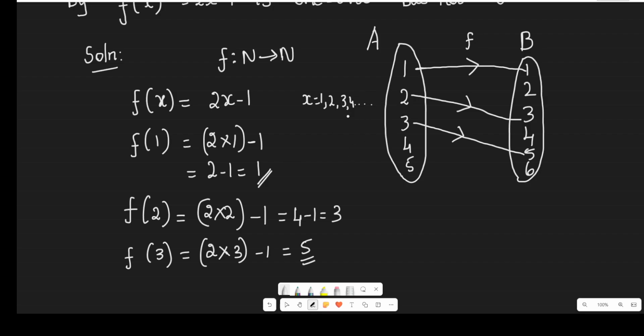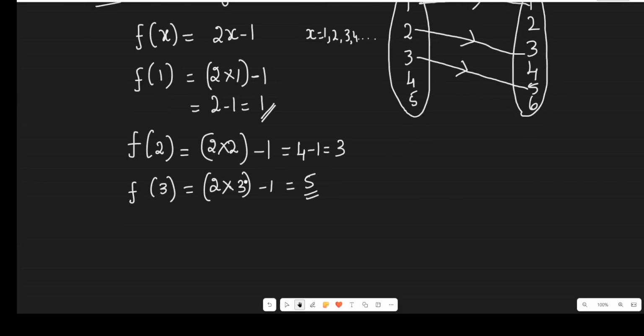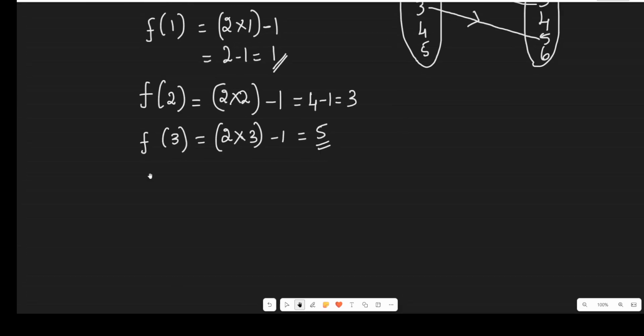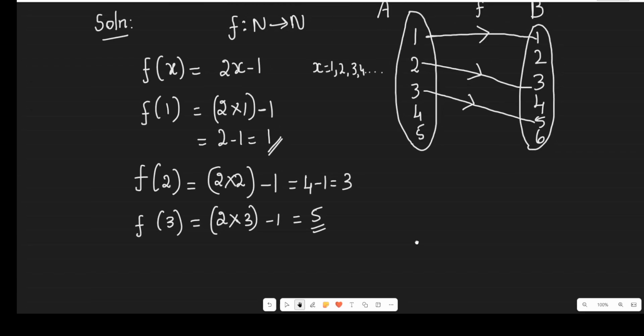So we'll be getting all the values for A here. If you are applying 4 for x, we'll be getting one answer, and if you are applying 5 for x, we'll be getting one answer. Here till 5 we have written.